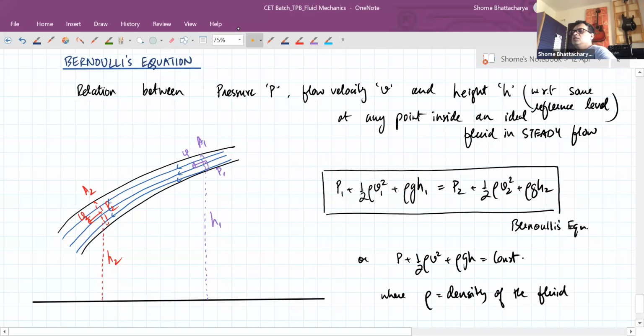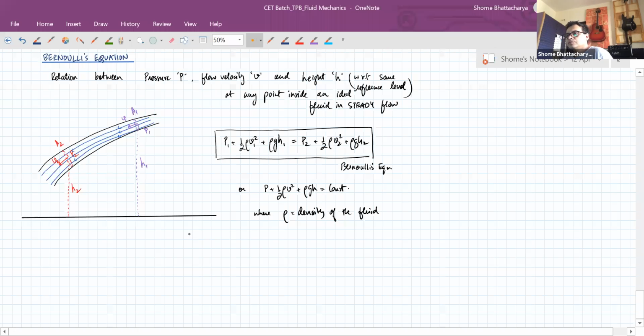Okay, so let's understand a few points about this first. So first of all, each of the terms, pressure, half rho v square, and rho gh, have dimension of energy per unit volume.